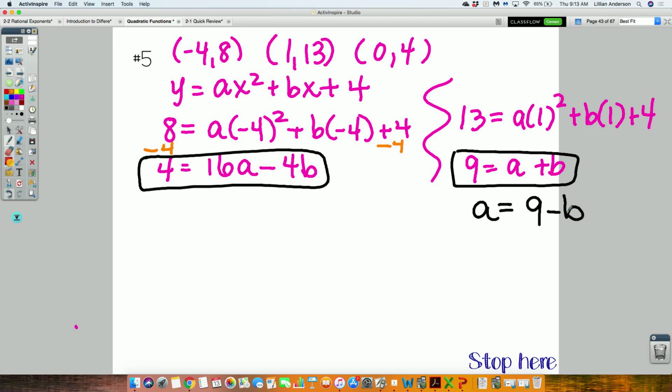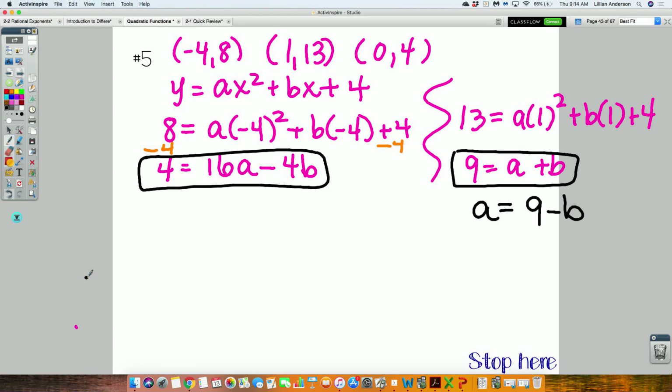Write an expression for A in terms of B is basically what we just did here. So we solved for A, basically. We rewrote A so that now it's in terms of B. I'm just making sure I'm crossing my T's and dotting my I's.